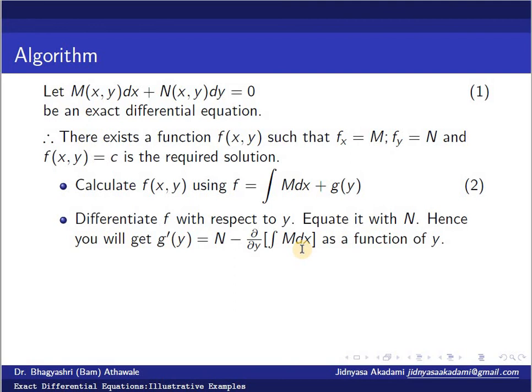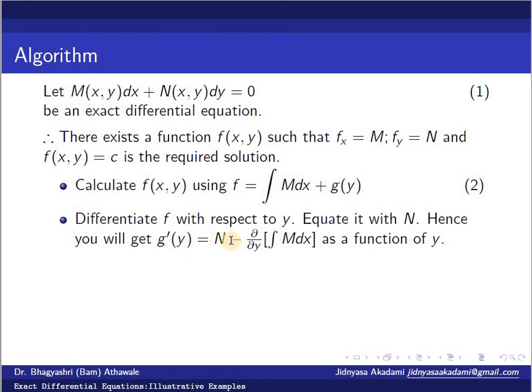And we have proved that since the given equation is exact, that exactness guarantees this RHS is a function of y only. Now, while solving the problem, if you get some term containing x here at the RHS, which is g'(y), that means you must have done something wrong in earlier stages. So, in that sense, it is a self-correcting algorithm.